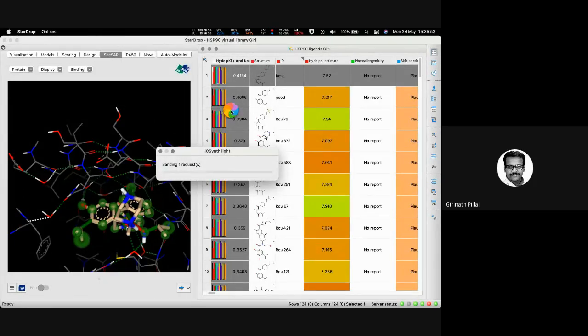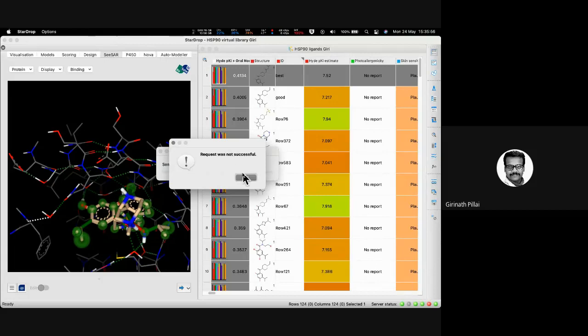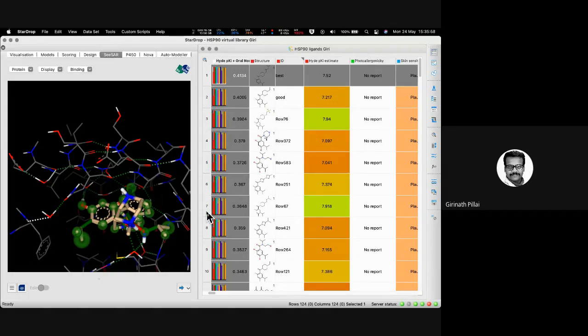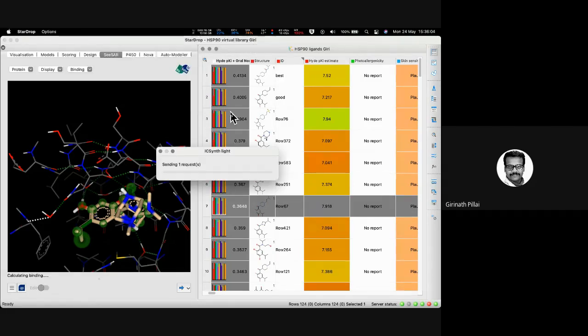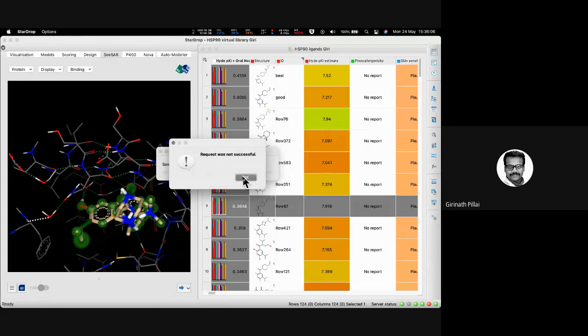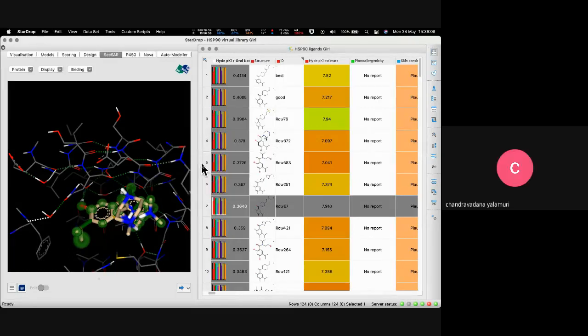Because this goes to the internet, there is some issue with my server. We have to set the username and password, and if the API doesn't work, there will be an issue. Okay, there is again some issue. I showed you this in the morning in a slide actually. That way you will be able to find out whether these derivatives are synthesizable or not. So these are the two ways you will get an idea.